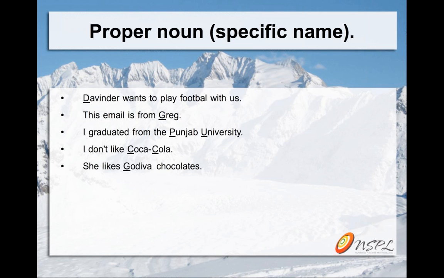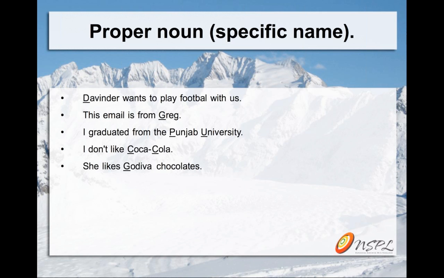Okay. I graduated from Punjab University. So Punjab University is a noun. Okay. So that's why it's capital. I don't like Coca-Cola. Why? Because Coca-Cola is a product. It's a name. It's a noun. So whenever there is a noun, it should always be a capital letter.